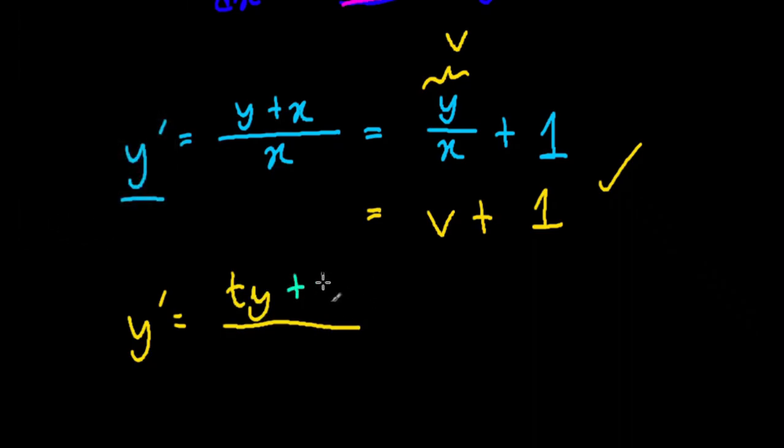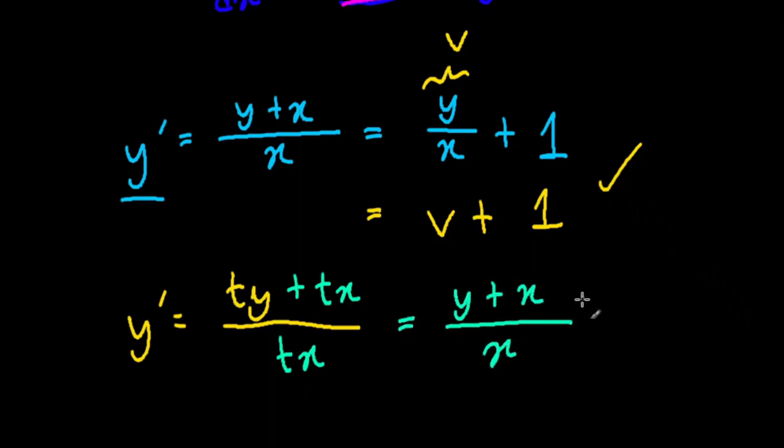So here I have tx instead of x, here I have tx instead of x, and we see that all the t's cancel out in both the numerator and denominator. So we have y plus x divided by x. And this is exactly what we needed. We needed this derivative expression to be unchanged even after this substitution. All right, so that rigorously proves that this is indeed a first order homogeneous equation.